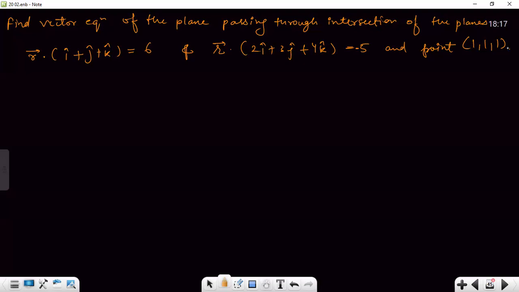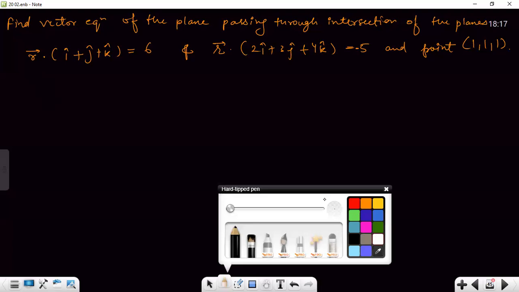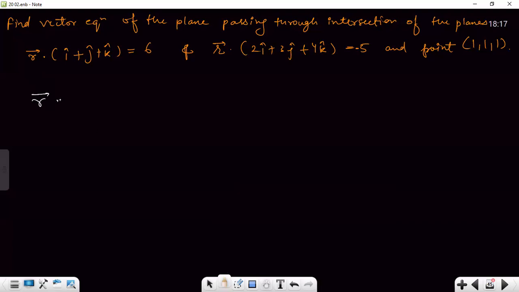First, we know the equation of the plane is given by this formula: r vector dot n1 vector plus lambda n2 vector is equal to d1 plus lambda of d2. We don't know about the lambda and we don't care about it now. We'll substitute it later.